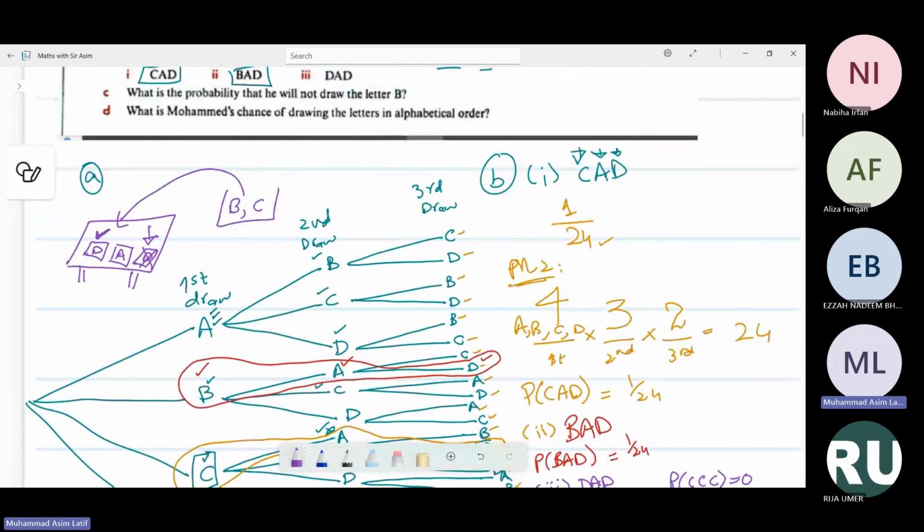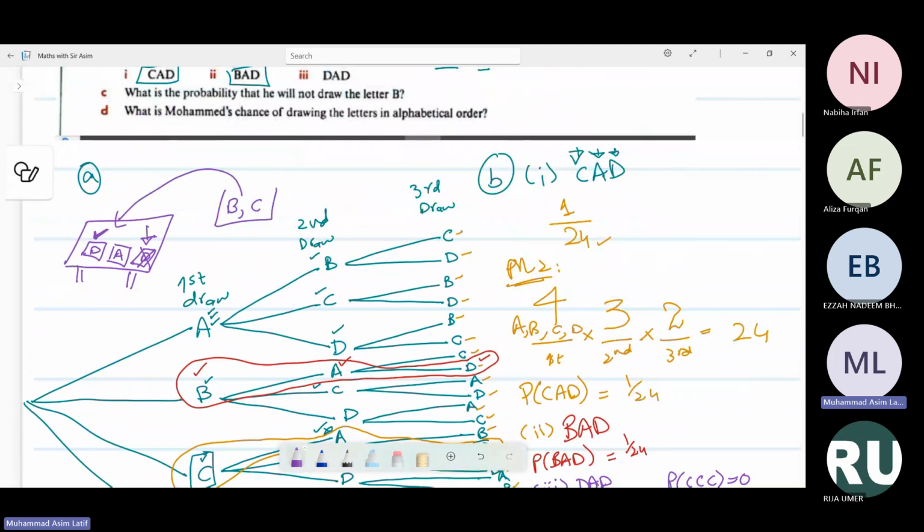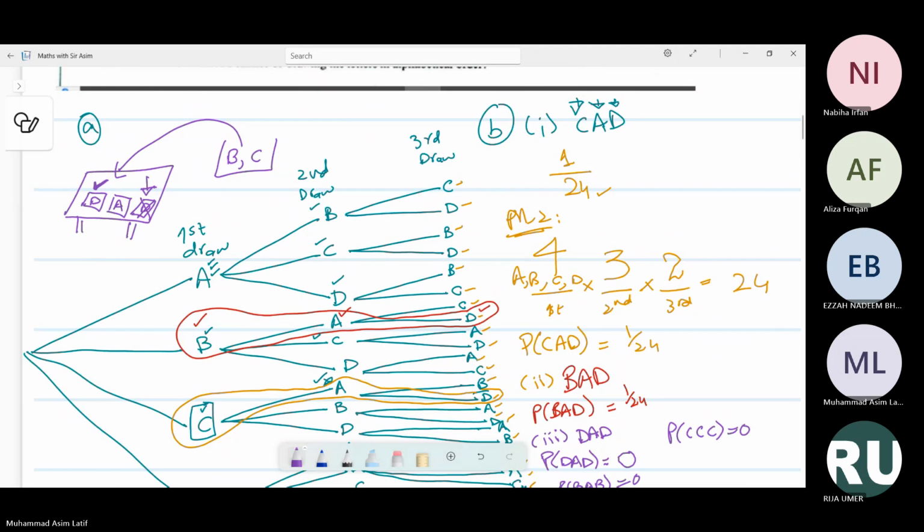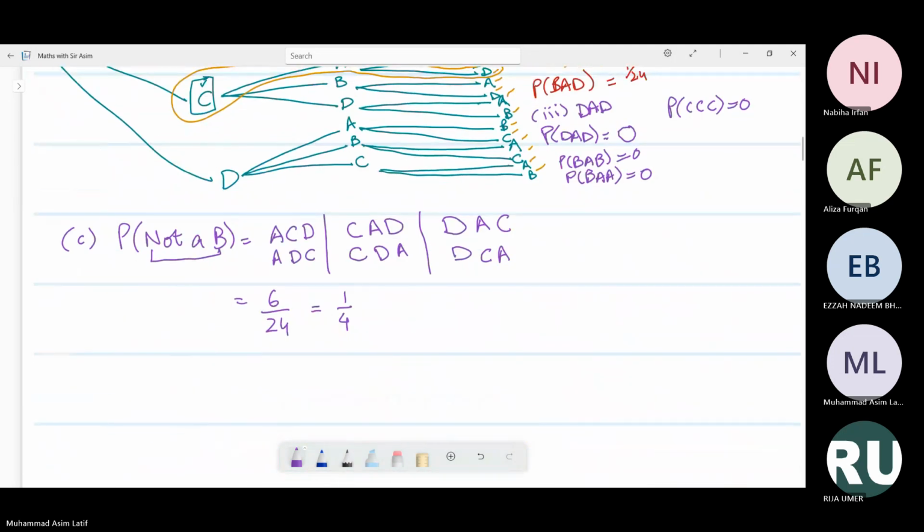Then part D. What is Muhammad's chance of drawing the letters in alphabetical order? Like 1, 2, 3.